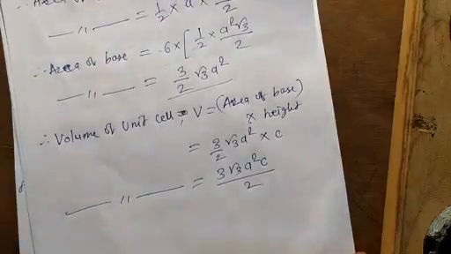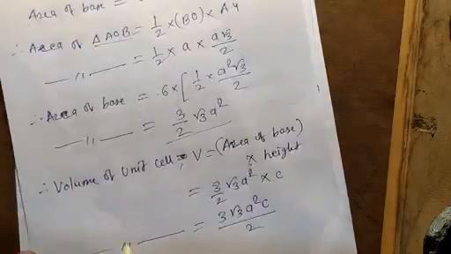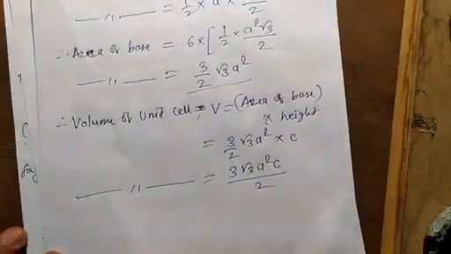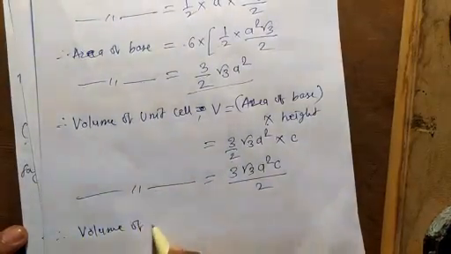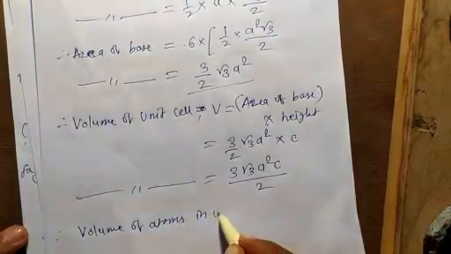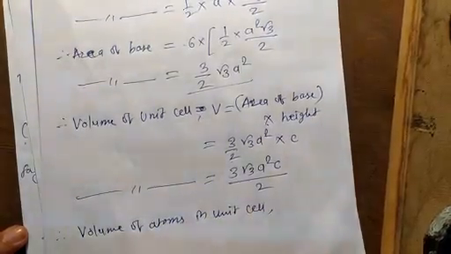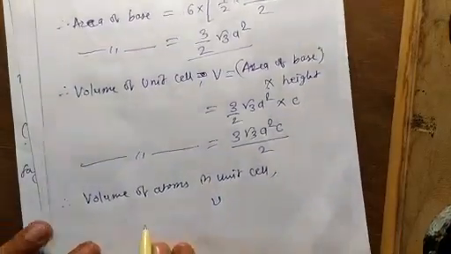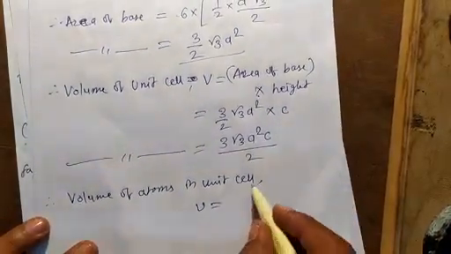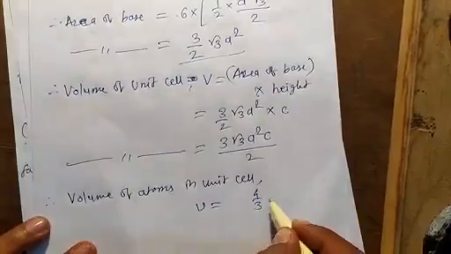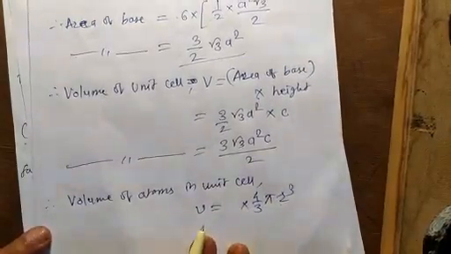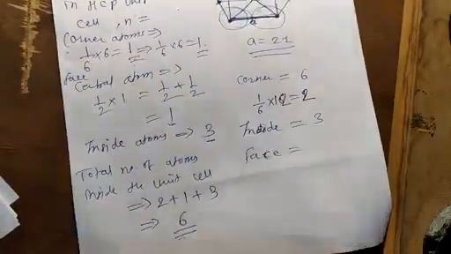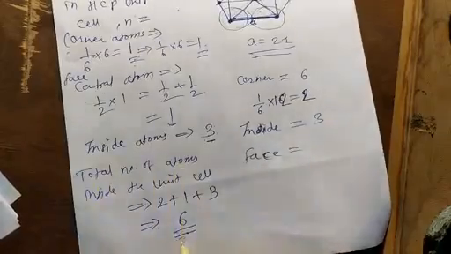Now we have to just find out the volume of the atoms in the unit cell. How do we represent it? With small v. What is the volume of the atom? That is 4 by 3 pi r cube, where r is the radius of that atom. And how many atoms are inside this unit cell?